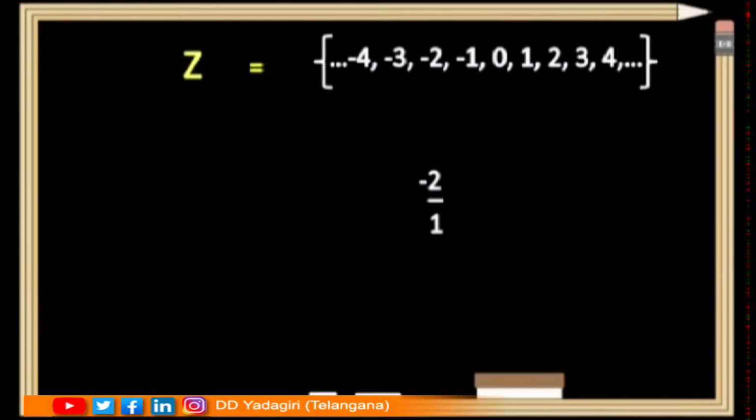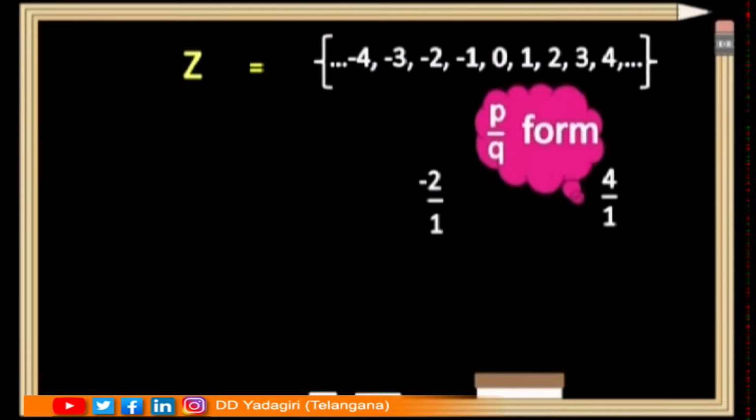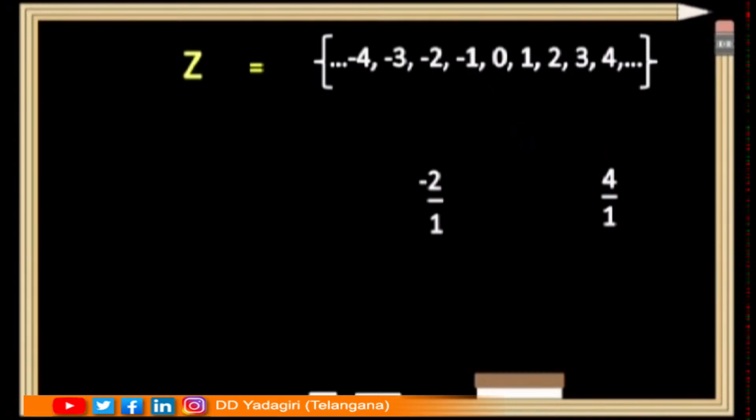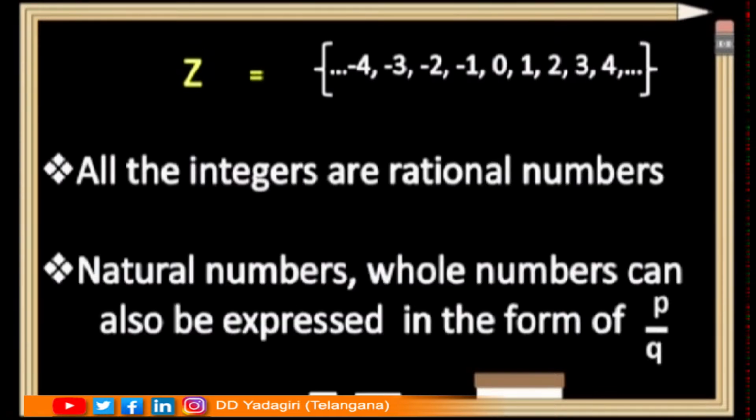So therefore minus 2 is a rational number. Next, 4. 4 can be expressed as 4 by 1, which is of the form p by q, where p and q are integers and q is not equal to 0. So 4 also belongs to the rational numbers. So what is our conclusion? All the integers are rational numbers.